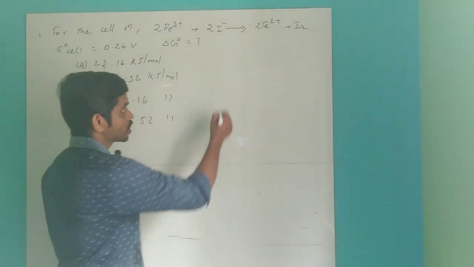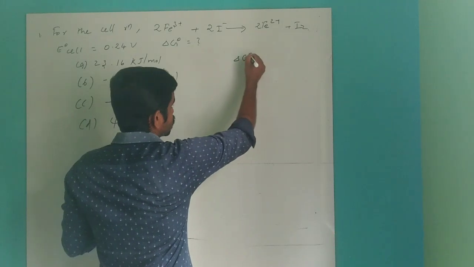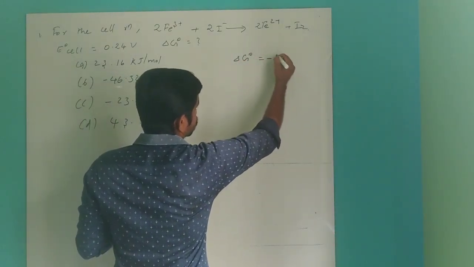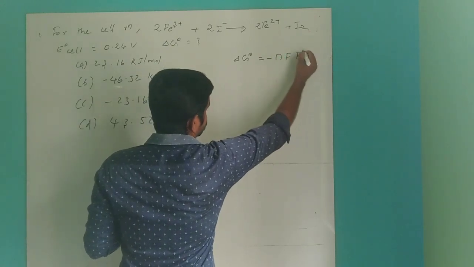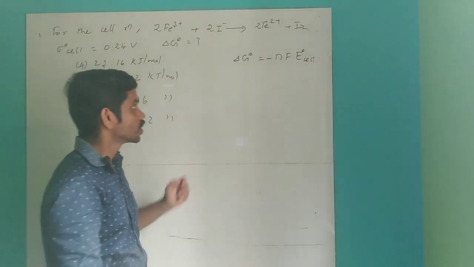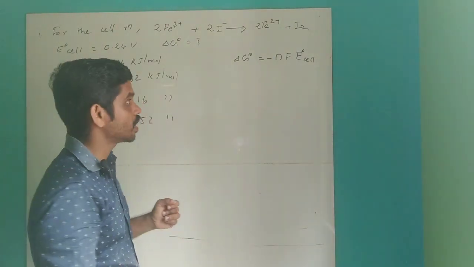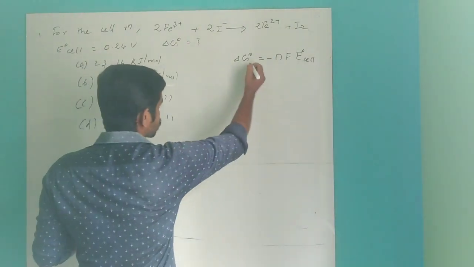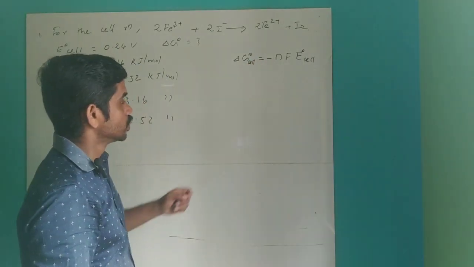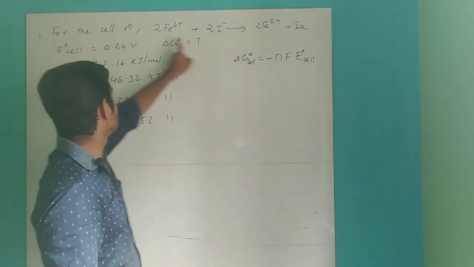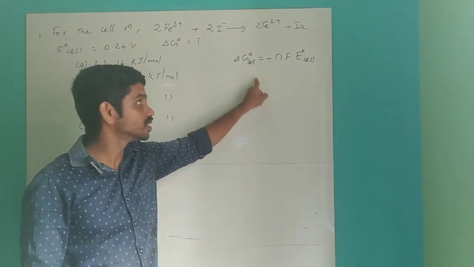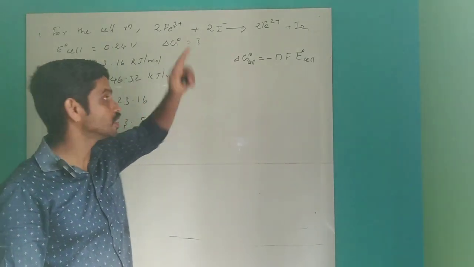Then what is our equation? Delta G0 cell is equal to minus nF E0 cell. Right? So see, E0 cell is a positive value, so delta G0 cell should be negative.